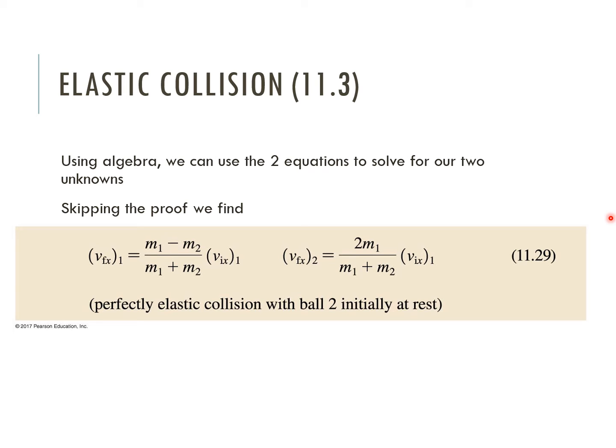We must have the situation where ball 2 is initially at rest. Now, if for some reason ball 2 is the moving one and ball 1 is at rest, you can just flip which one's considered 1 and 2. That is a valid thing to do because you're the one choosing what's what.